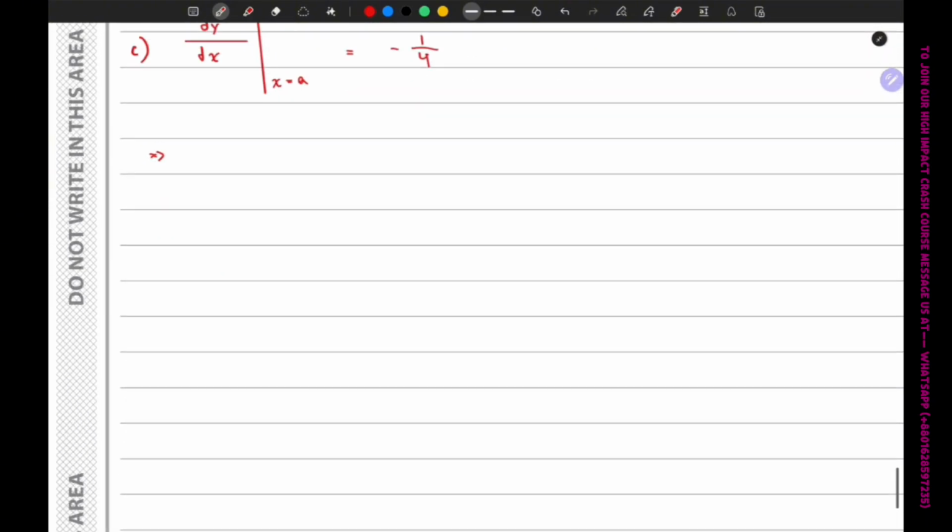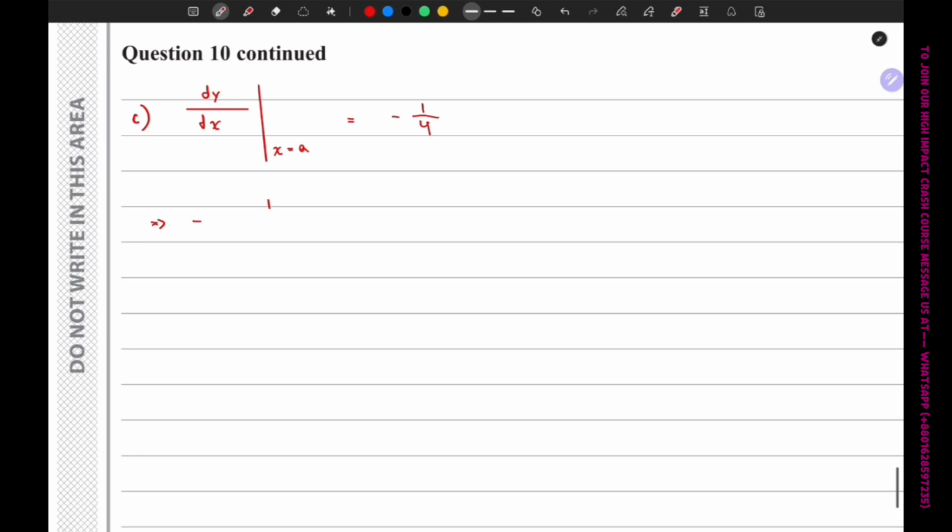So this is minus 1 over 2 root over 9 minus a squared equals negative 1 over 4. So we can cancel out the negative signs and we can cancel out this with this. So this becomes 1 over 2.